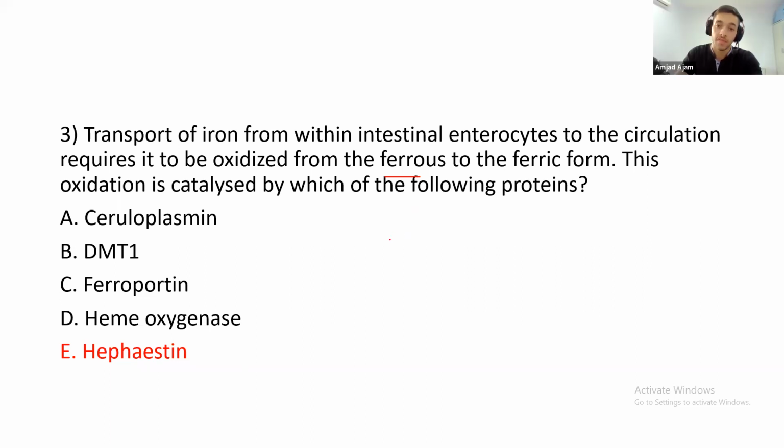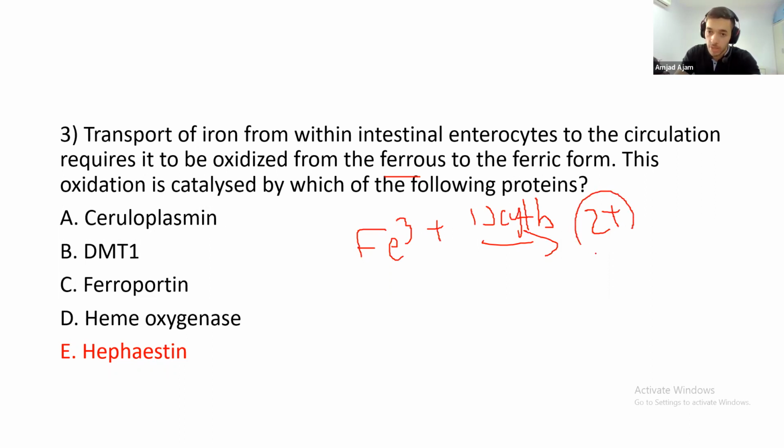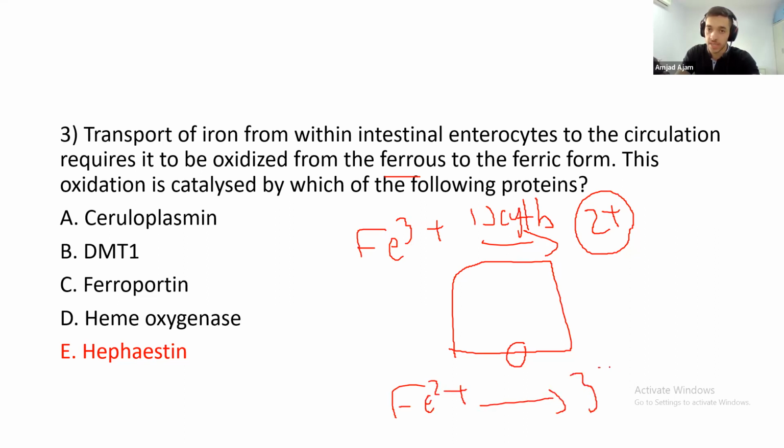So from Fe3+ to Fe2+ is by the duodenal cytochrome B. This is in the lumen of the GI, because we said that we can only absorb Fe2+. So we need something that converts 3+ into 2+, which is the duodenal cytochrome B. However, on the other side, in the enterocyte, we have the hepcidin, which will convert Fe2+ into 3+. So it's the opposite, because the transferrin can only bind 3+. Got it? Yes, thank you.